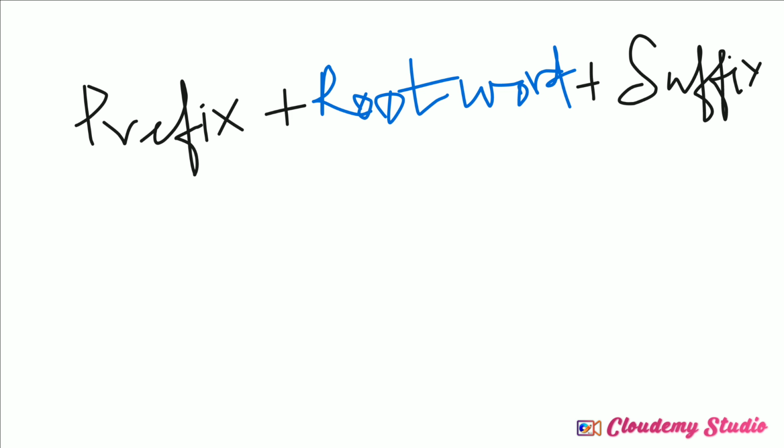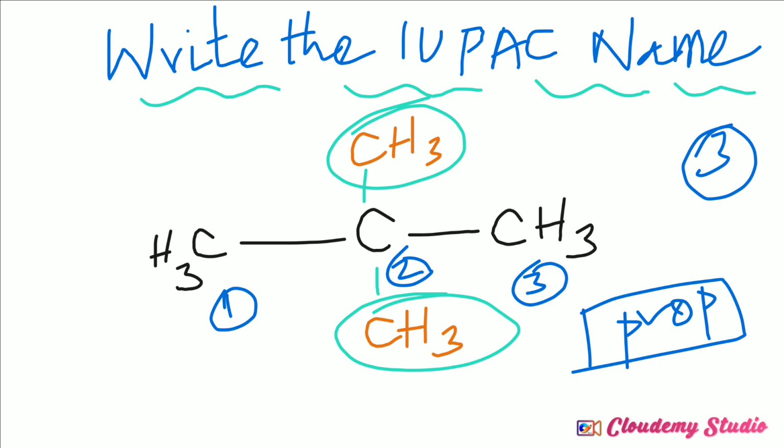The prefix denotes the substituent and the location of the substituent. Where is the substituent? This is a substituent. We need to name this substituent, that is CH3. If it is CH4, we call that methane. From methane, one hydrogen atom is removed, so this becomes the general term alkyl group, with the specific name methyl.